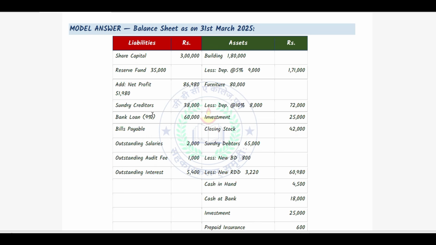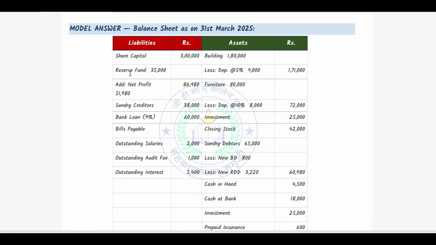Then next we have to make the balance sheet as on 31st March 2025. As I told you earlier, in the balance sheet, liabilities and assets are mentioned always actually. So not credit and debit side, it is always liabilities and assets. So what are the liabilities?